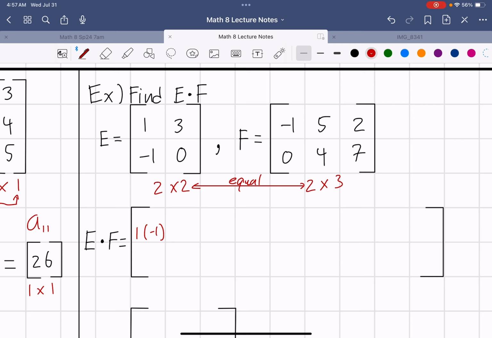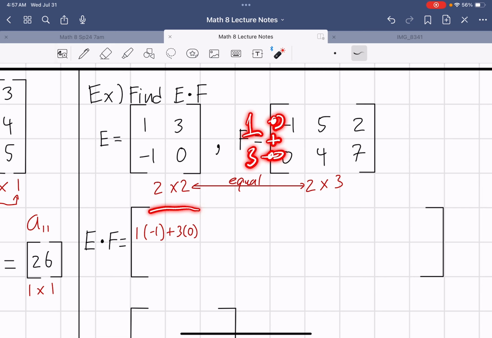So right now I just did 1 times -1, but I still need to add it with 3 times 0. Because if I rewrite this row into a column, it would be 1 and 3, and you're just multiplying straight across. But you have to add those products together. And this makes up the row 1, column 1 entry.